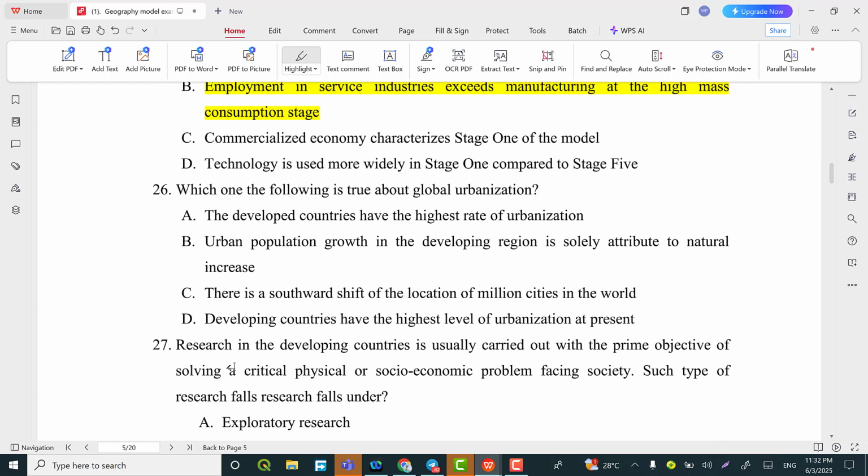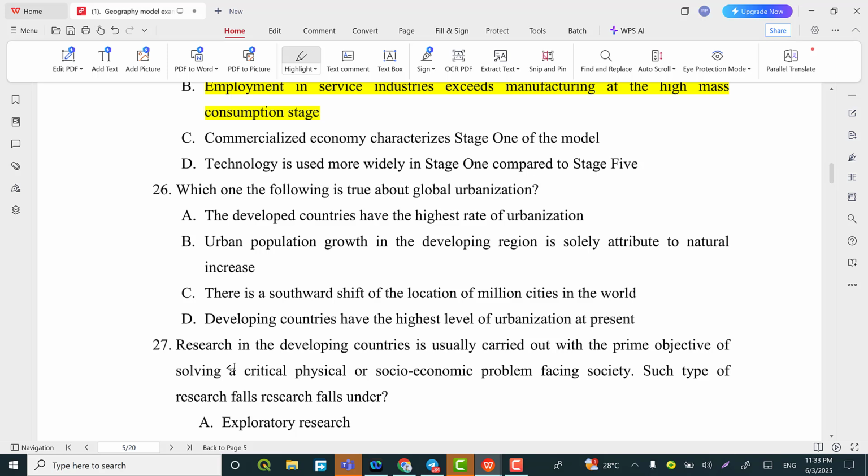Question number 26. Which one of the following is true about global urbanization? A. The developed countries have the highest rate of urbanization. No. Developed countries have a lower rate of urbanization. Rate of urbanization is the rate of expansion of urban centers.